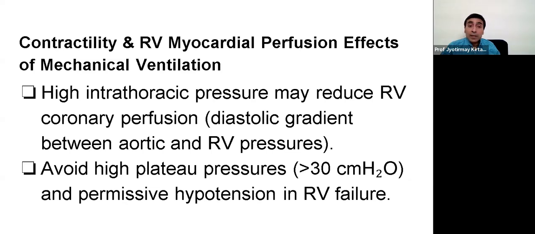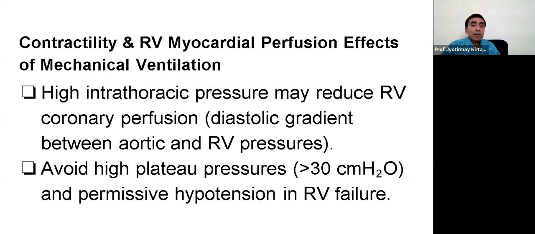But if you have very high airway pressure, the right ventricular coronary perfusion pressure would be reduced, because the diastolic gradient between the aorta and the RV pressure would be reduced.